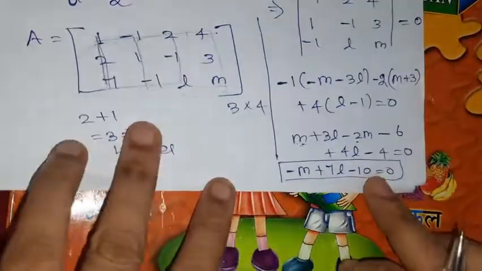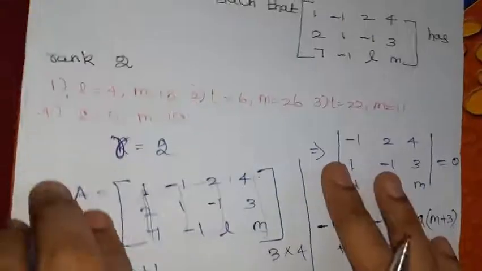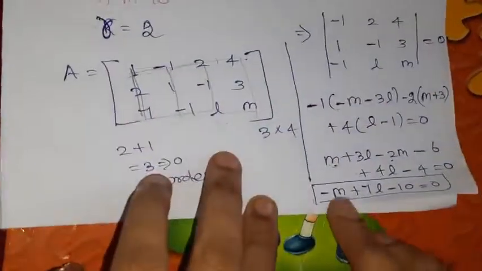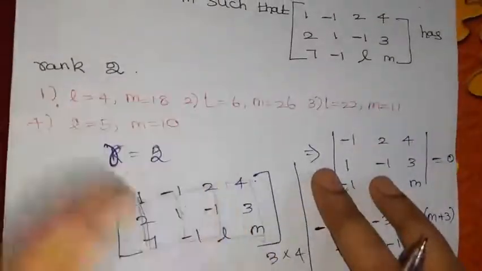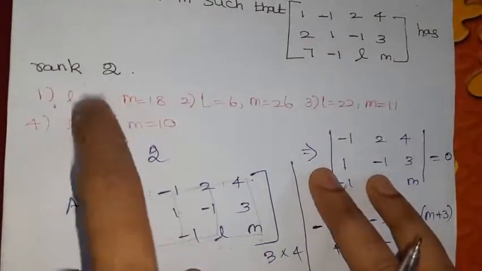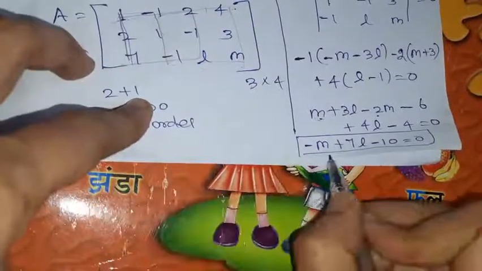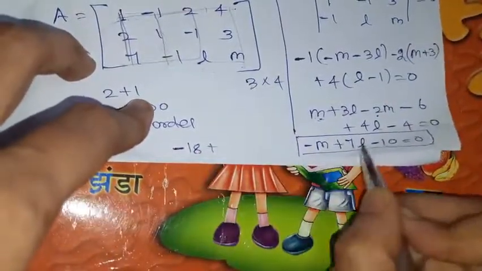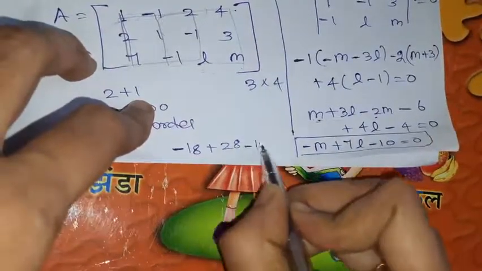We cannot solve further. So we need to find the L and M values. From the options, substitute the L and M values, then see which one gives 0; that is the value of L and M. For the first option, L equal to 4 and M equal to 18. Minus 3 times 18 is minus 54, and L equal to 4 means 7 into 4, 28, minus 10.